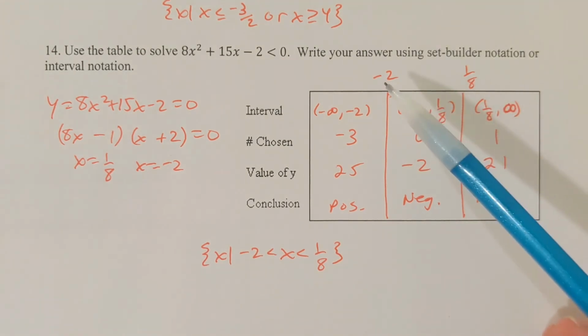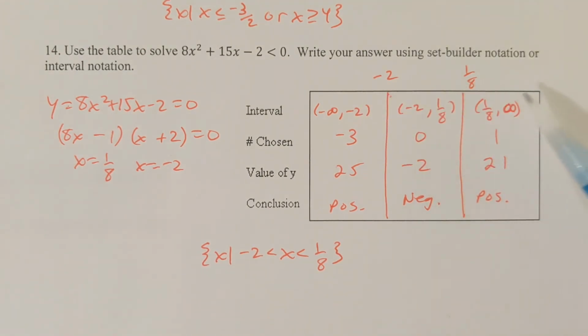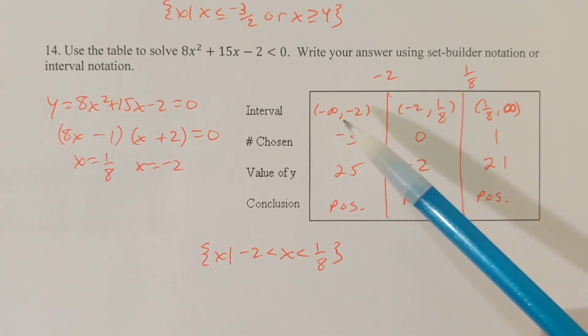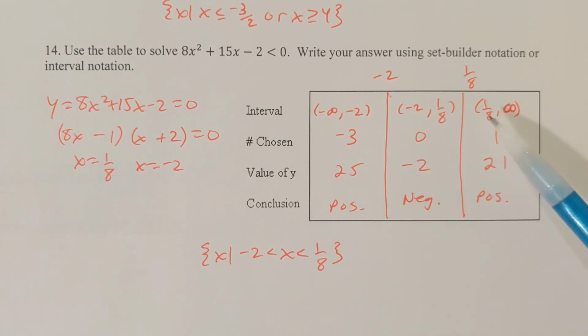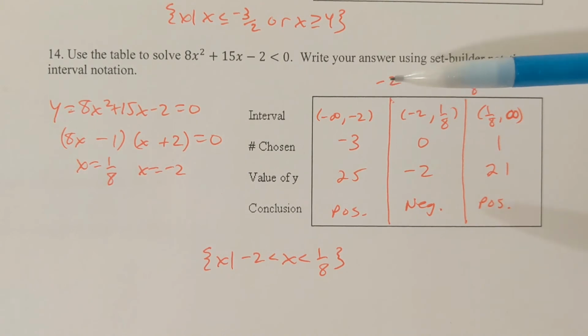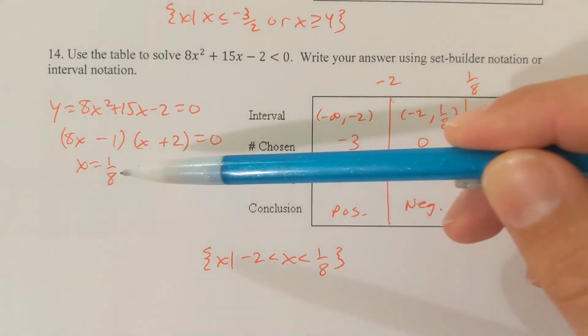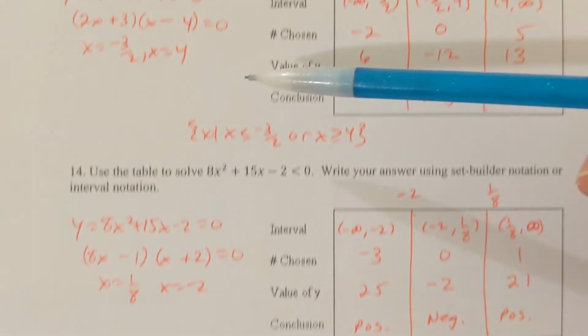Above the table, I always graph these two numbers on the number line, and then my intervals: negative infinity to negative 2, negative 2 to 1/8, and then 1/8 to infinity. By the way, I'm not including the critical values. The critical values are these two numbers here.